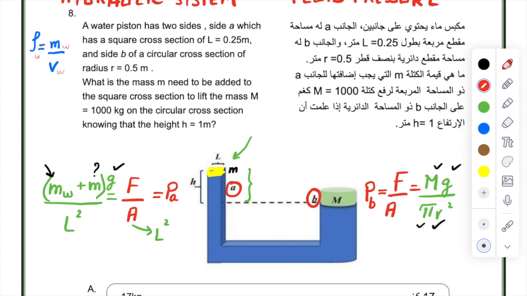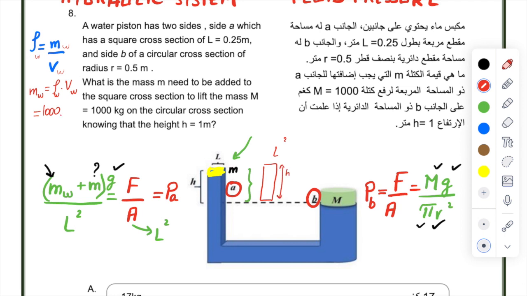So the mass of the water, by cross multiplication, equals ρ of the water times the volume of the water. ρ is actually 1000, and the volume of this, let's call it a triangle, is equal to length squared times the height.